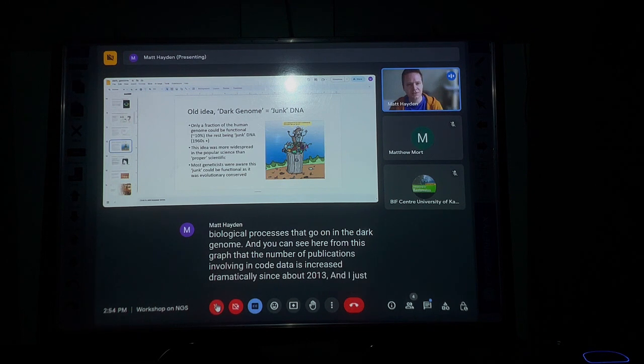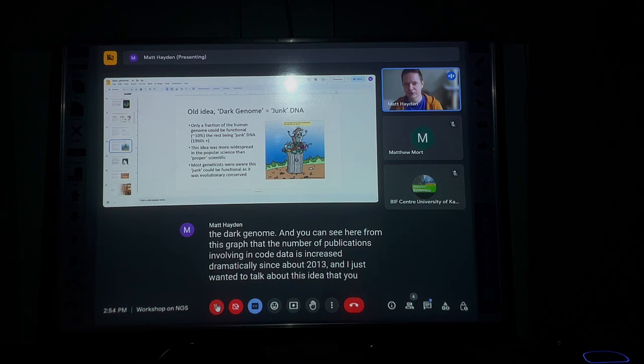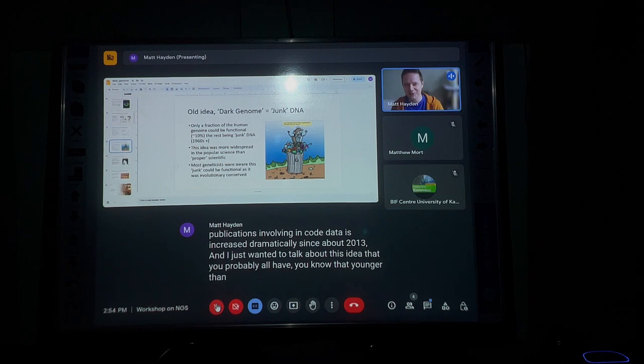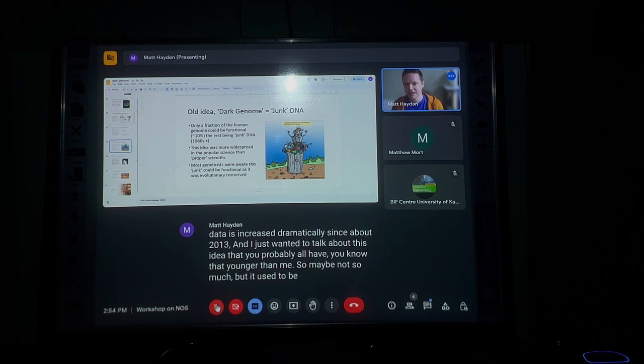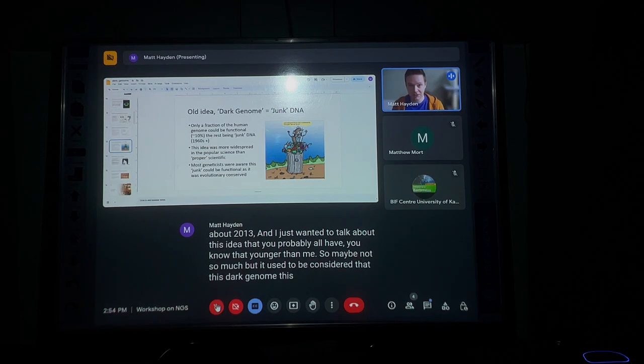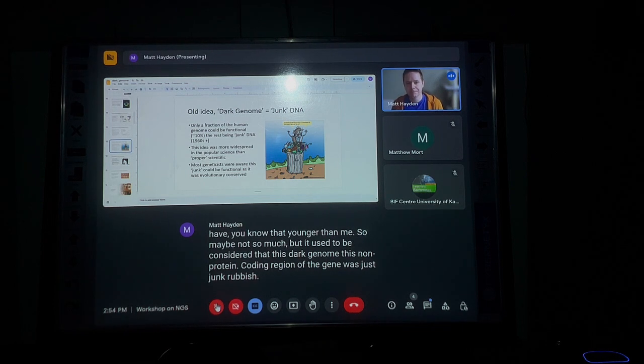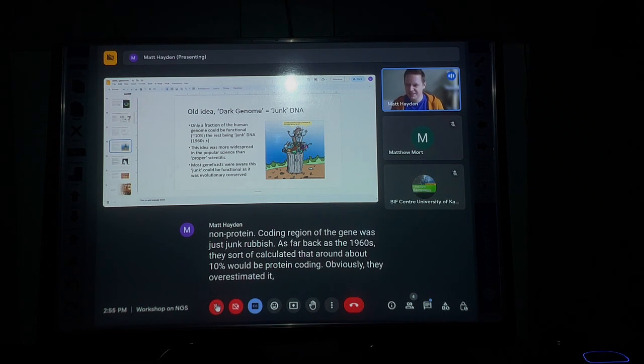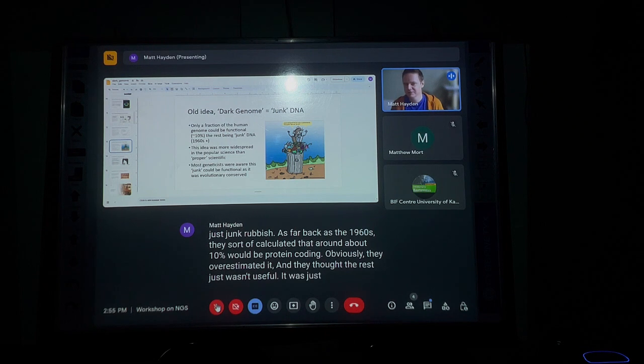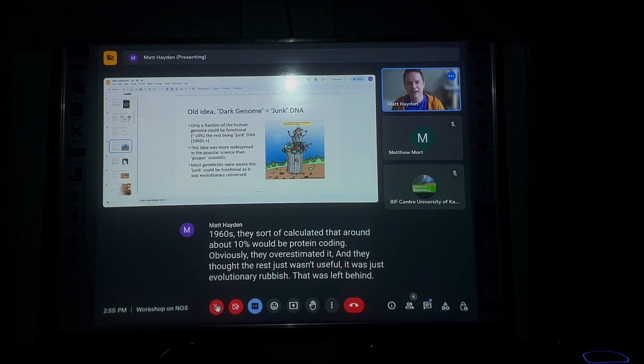And I just wanted to talk about this idea that you probably all have. You're a bit younger than me, so maybe not so much, but it used to be considered that this dark genome, this non-protein coding region of the genome, is just junk, rubbish. As far back as the 1960s, they sort of calculated that around about 10% would be protein coding. Obviously, they overestimated it. And they thought the rest just wasn't useful, it was just evolutionary rubbish that was left behind.